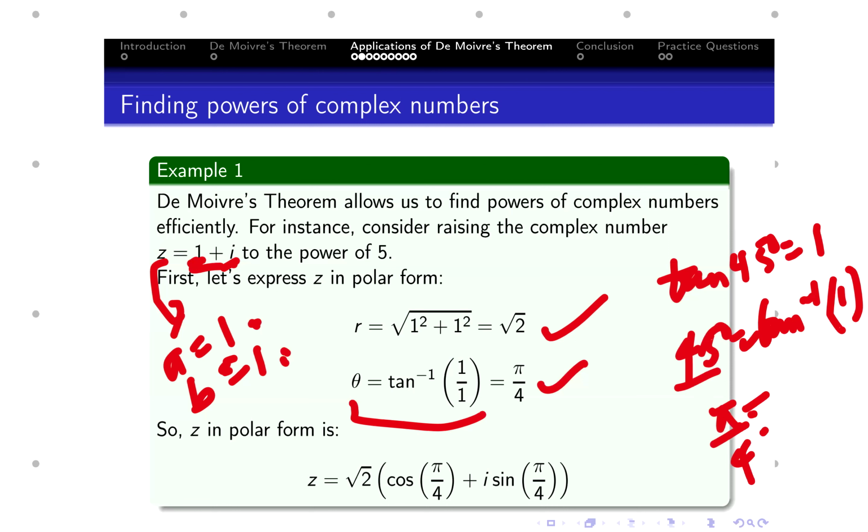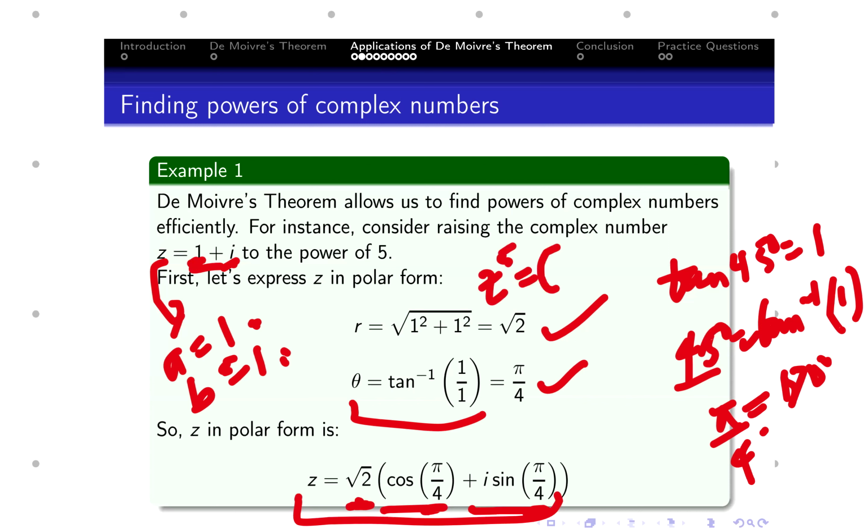Okay, so once you get your r and your theta, you can now say z is equal to r, which is root 2, times cos of pi over 4 plus i sin of pi over 4. But our goal is to obtain z raised to power 5, which is 1 plus i raised to power 5.